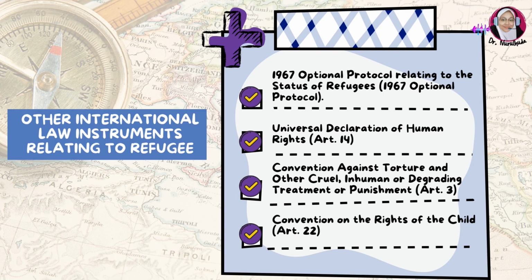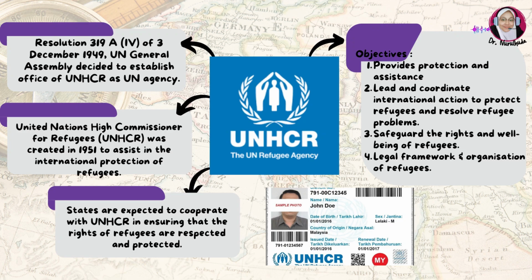Other international law instruments relating to refugees include the Optional Protocol of 1967, the UDHR, Article 14, the Convention Against Torture and Other Cruel, Inhuman, or Degrading Treatment or Punishment, Article 3, and the Convention on the Rights of the Child, Article 22.